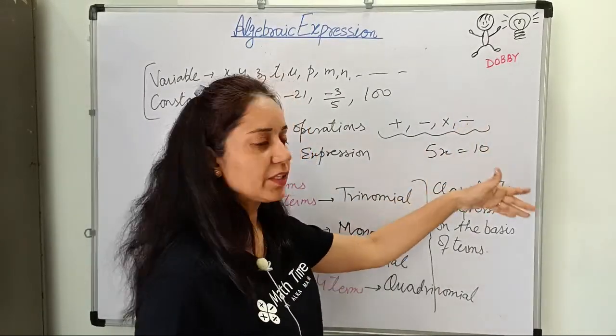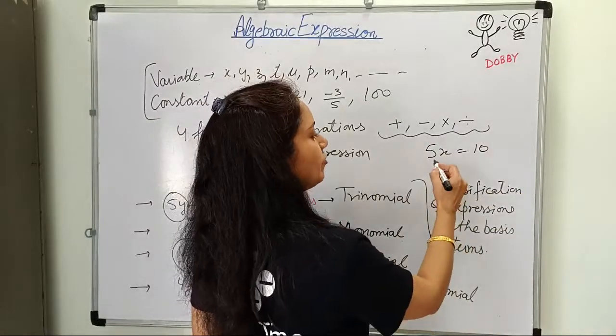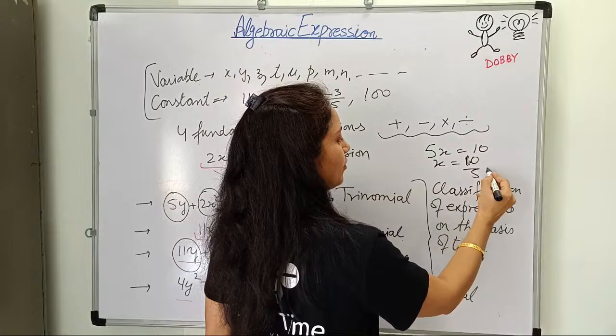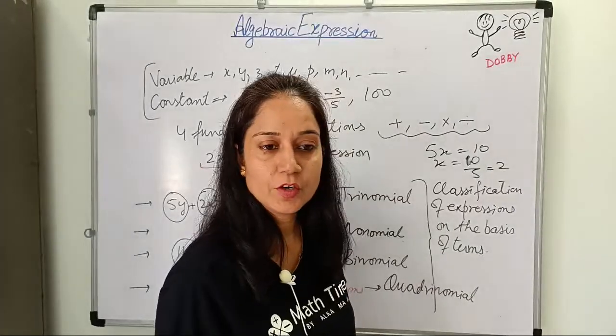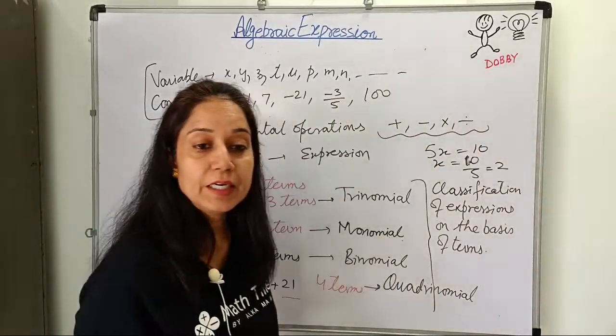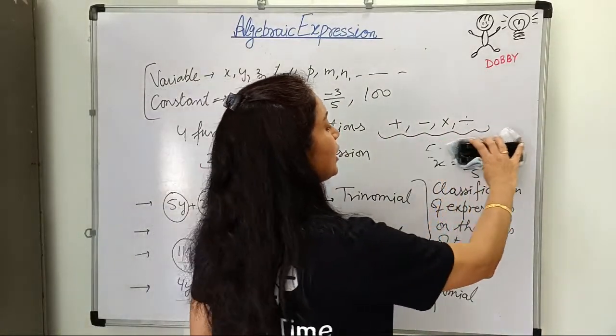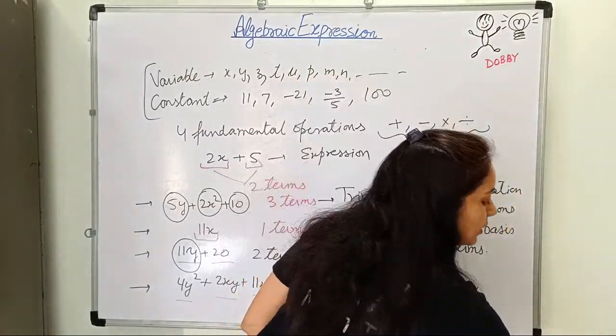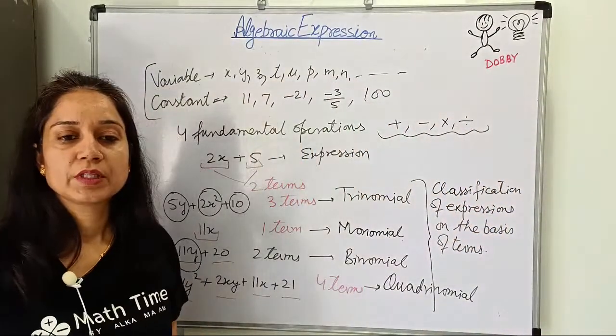If it becomes 5x is equal to 10, it is an equation, for which you can find the value of x. 5 will go down. It becomes 10 upon 5 gives us 2. The value of x you can find out here, which you can solve completely and get the value of one variable by using the equating sign. Yes, it is an equation. Clear, Shalini?